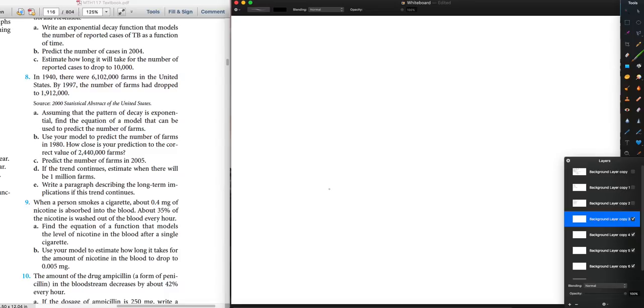We're starting this in 1940, so 1940 corresponds to t equals 0, and there are 6,102,000 farms. That translates into P equals 6.102 million, just because I don't want to work with those huge numbers.